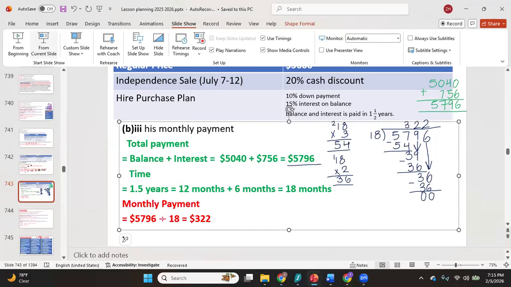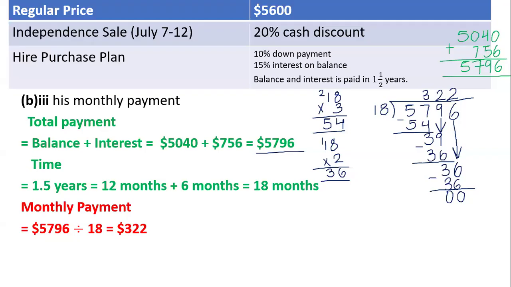That's how we get that. All right. Any questions on how we got $322?